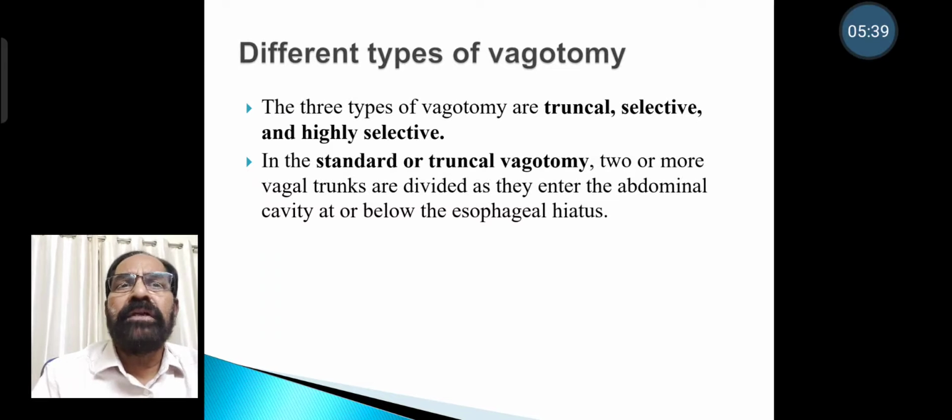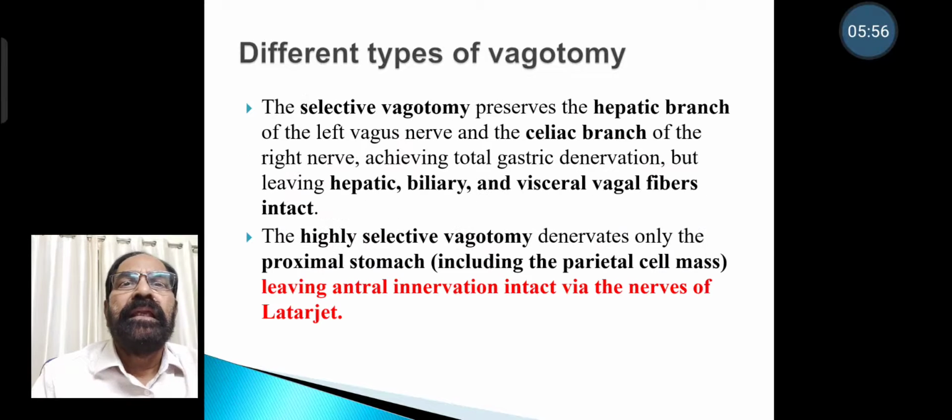Different types of vagotomy. 3 types of vagotomy are truncal, selective and highly selective. In the standard truncal vagotomy, 2 or more vagal trunks are divided as they enter the abdominal cavity at or below the esophageal hiatus. Then selective vagotomy preserves the hepatic branch of the left vagus and the celiac branch of the right nerve, achieving a total gastric innervation but leaving hepatic, biliary and visceral vagal fibers intact.